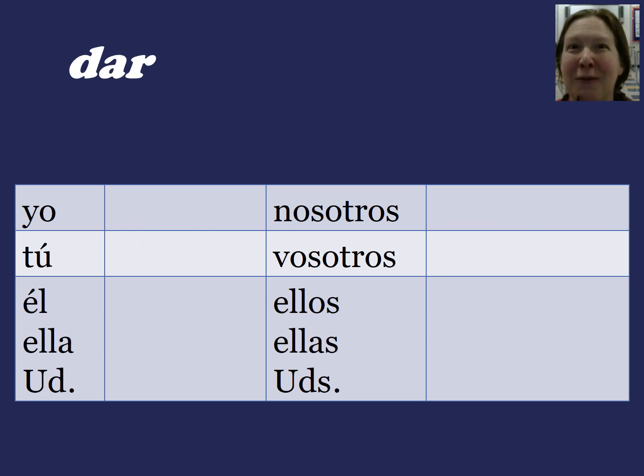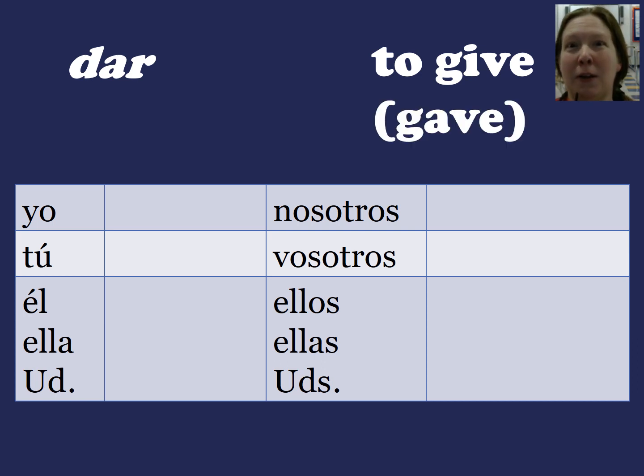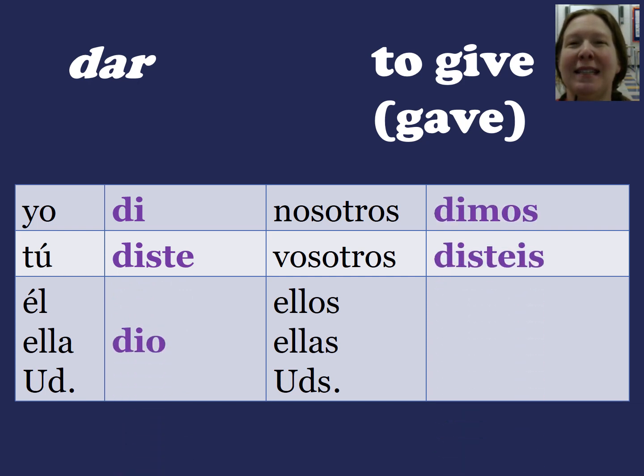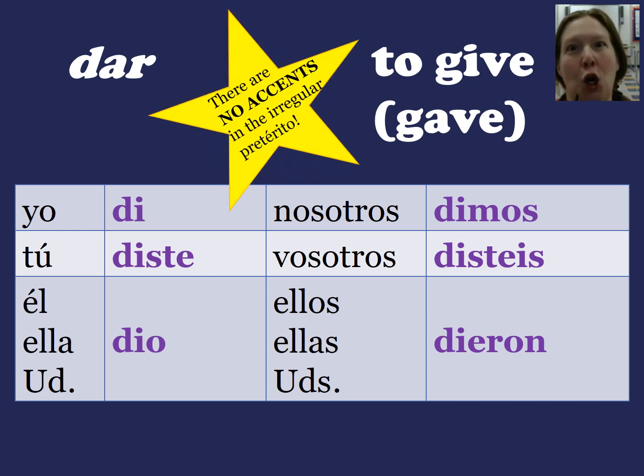And the last of the four verbs that you are going to be required to know of these completely irregular, no trick verbs is dar. Dar means to give, so the past is gave. And again, that's irregular. We don't say gived, we say gave. So the forms of dar are di, diste, dio, dimos, distes, dieron. And once again, no accents.